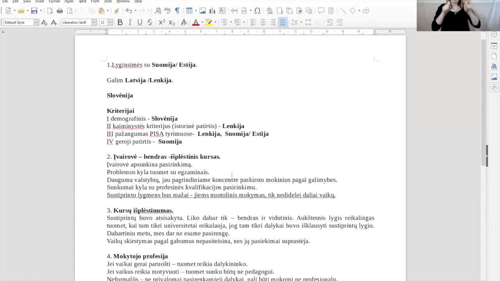I start to share my notes. At first we have chosen some countries. Country number 1 is Slovenia, chosen because of social demographic criteria. Number 2 is Poland, because of our historical tradition.